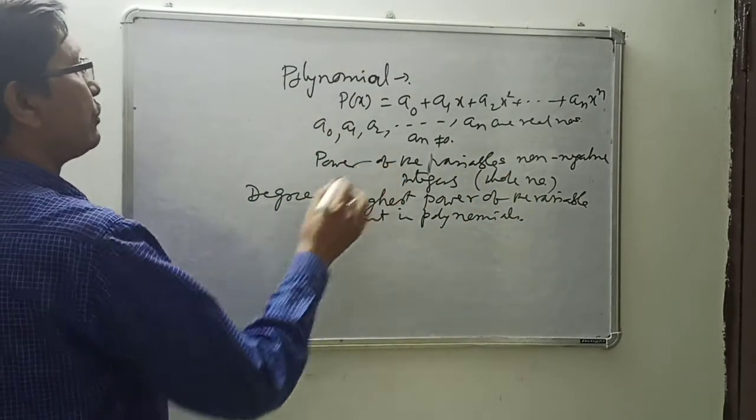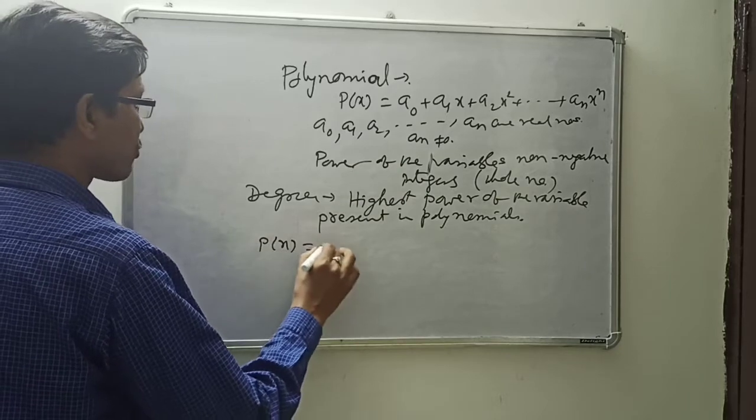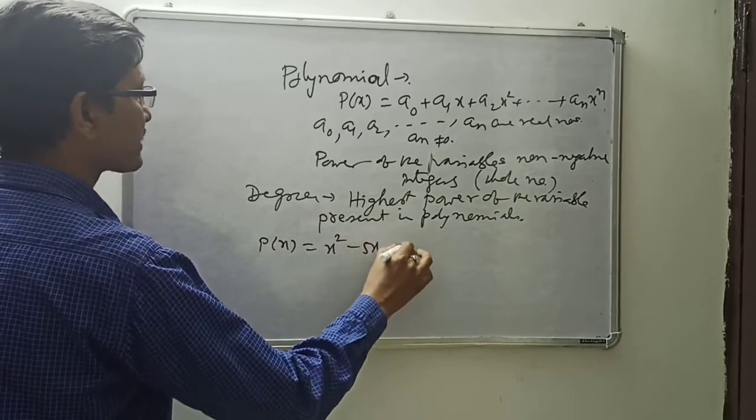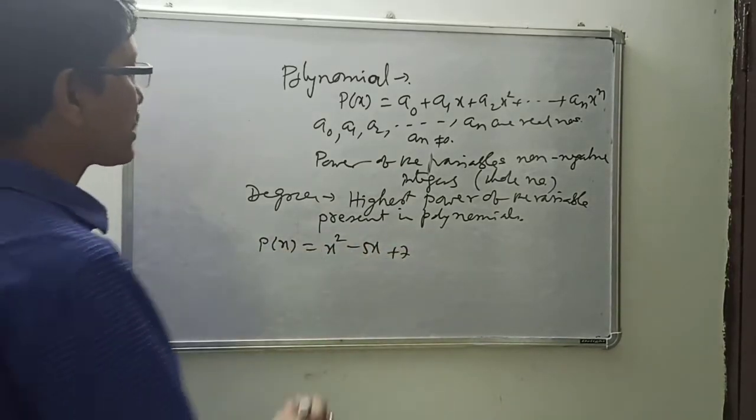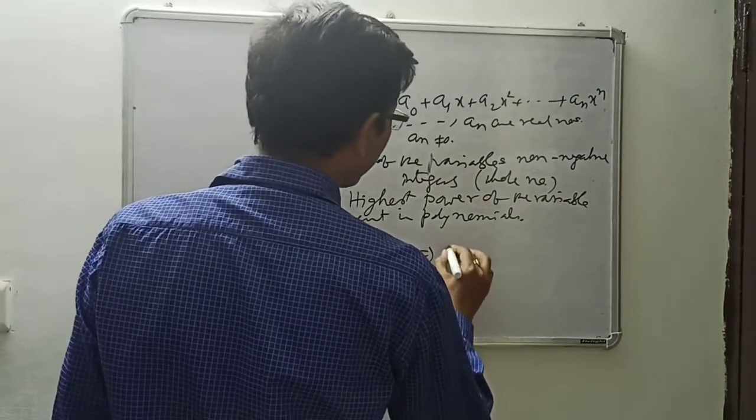For example, x square minus 5x plus 7. Its degree is 2, because the highest power is 2.